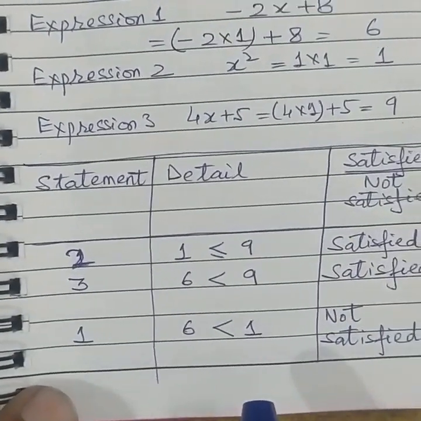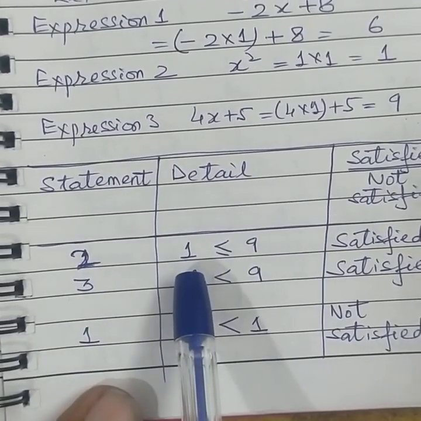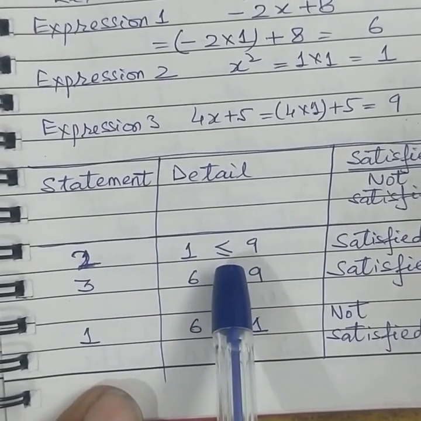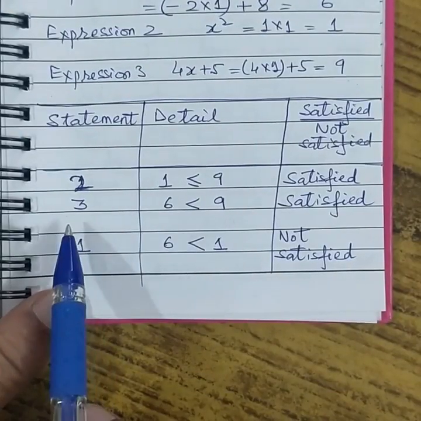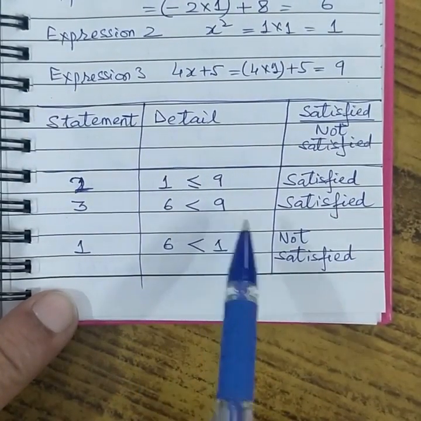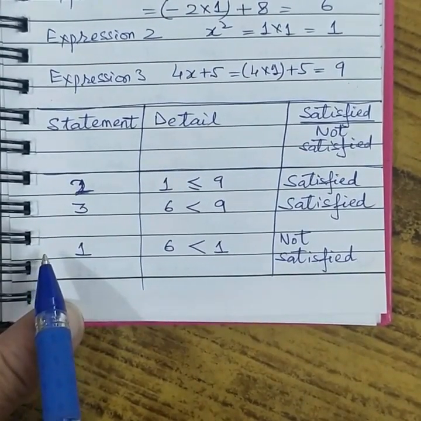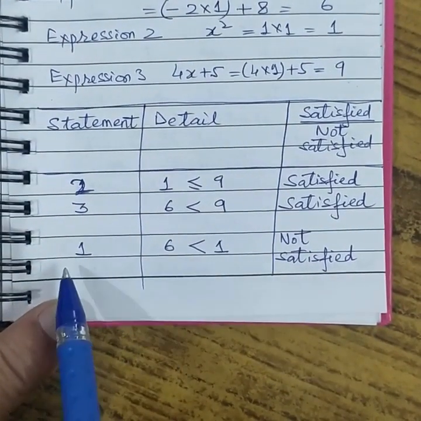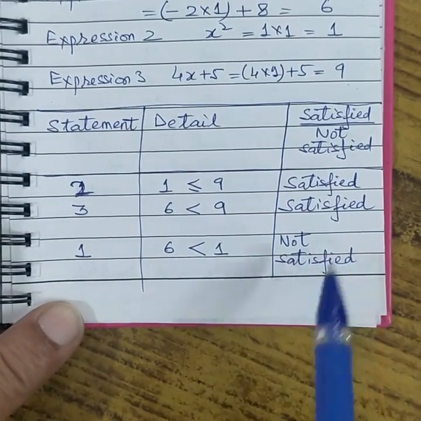Now let us check the statements. Statement 2 is 1 is less than or equals 9. This condition is satisfied. Statement 3 is 6 less than 9, which is also satisfied. Now let us check statement number 1. Statement number 1 is 6 is less than 1, which is not satisfied.